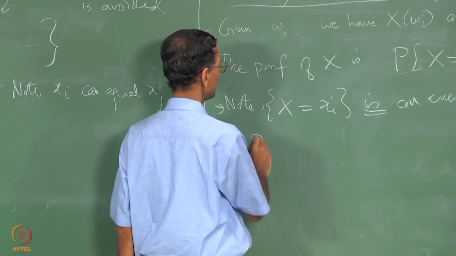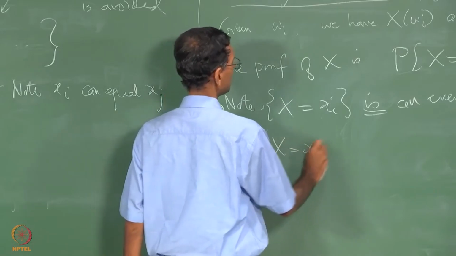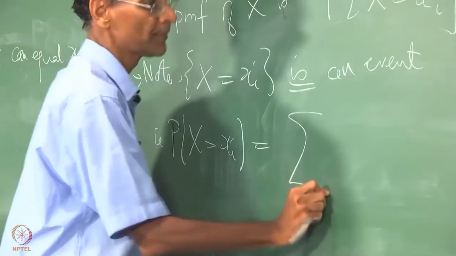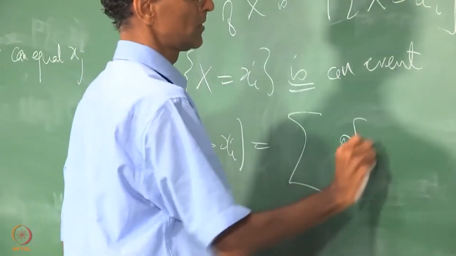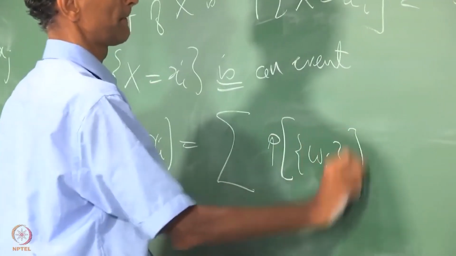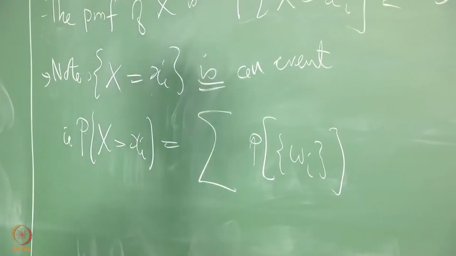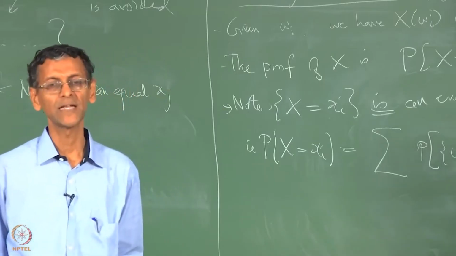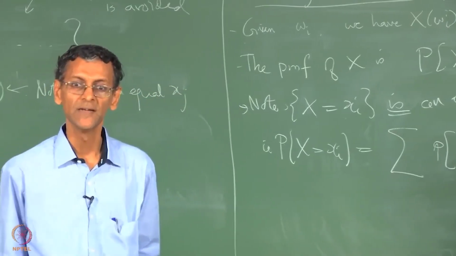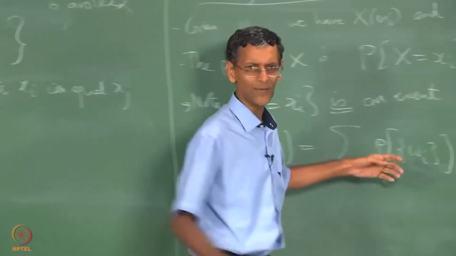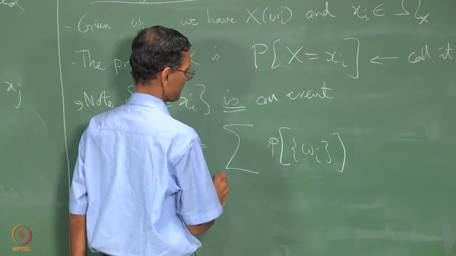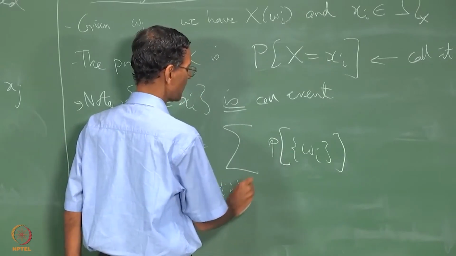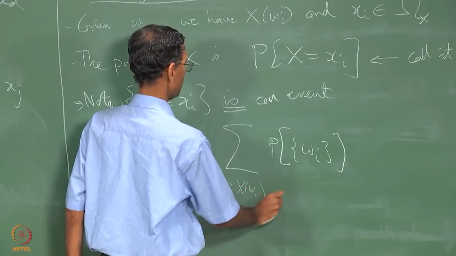The probability of x equal to xi will be a sum of what? Of P of this. Remember, we start out for a discrete space by assigning probabilities to all the sample points omega i. So, very similar to some earlier notation we wrote, we are going to add it over all those points omega i such that x of omega i equals xi.